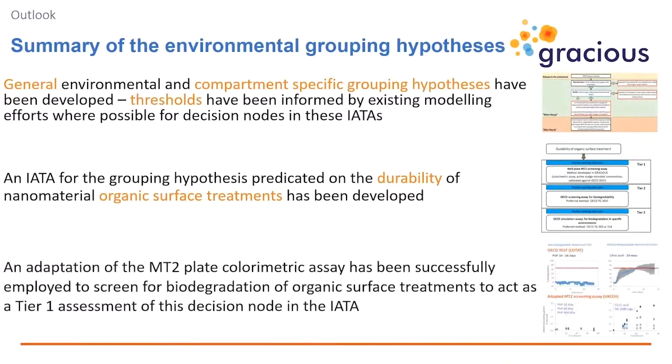And we've also introduced a screening tier 1 assay adapting the MT2 plate colorimetric test, and we successfully employed this to screen for biodegradation of organic surface treatments, acting as a tier 1 assessment for this decision node in our IATA.